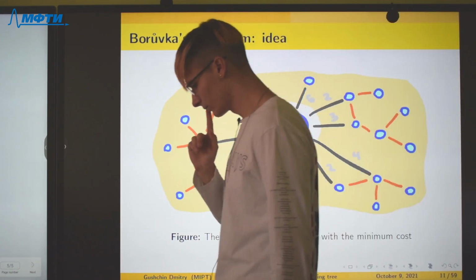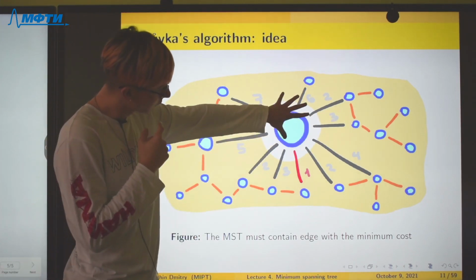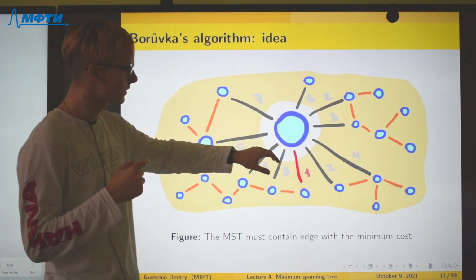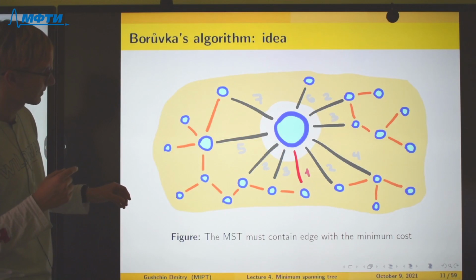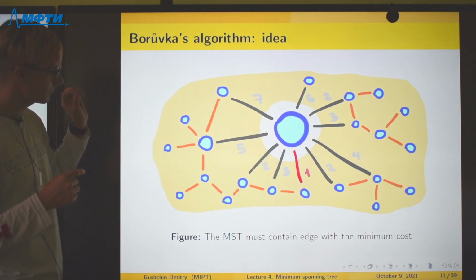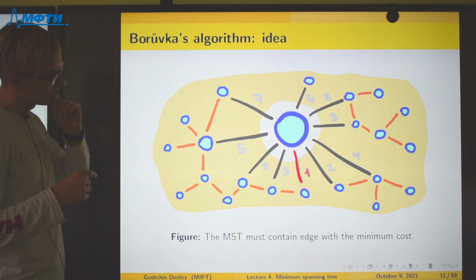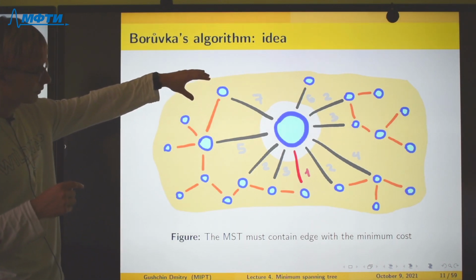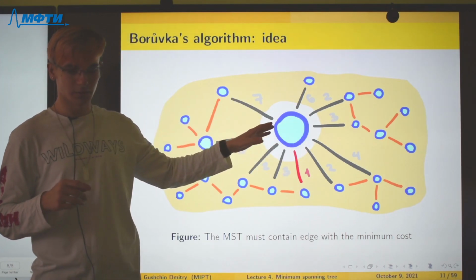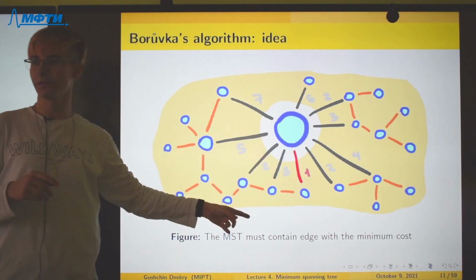If we have, for example, a vertex and different components that are contained in a minimal spanning tree, we can find a cut where one part contains only one vertex and the other part contains the other vertices.